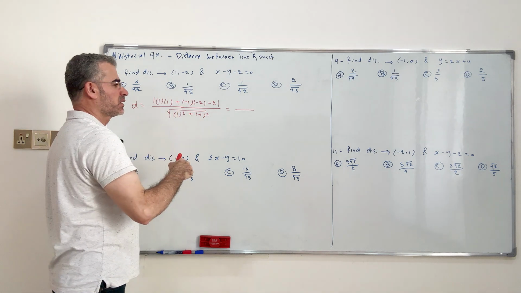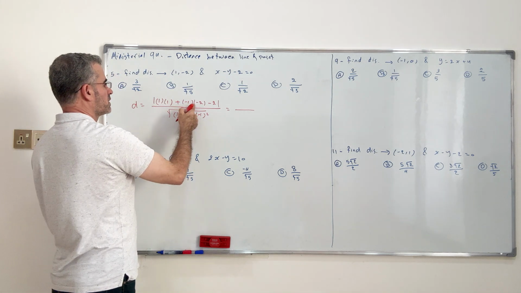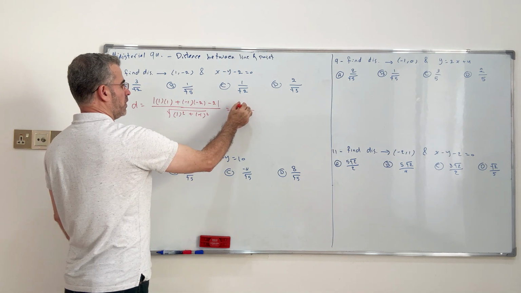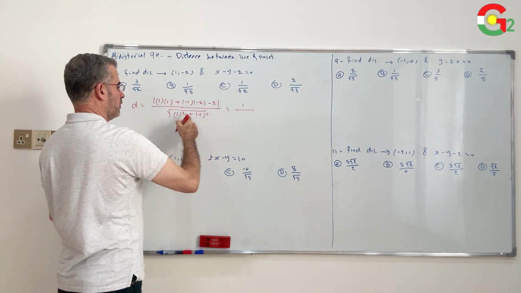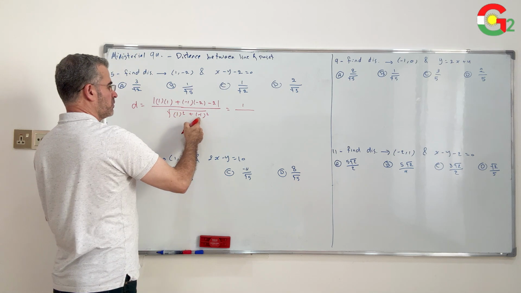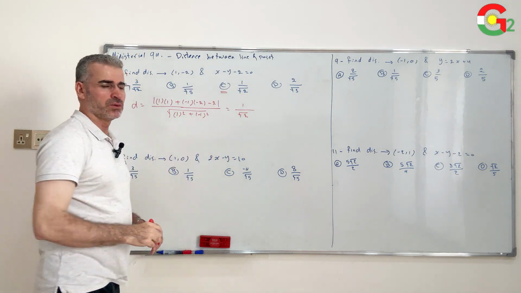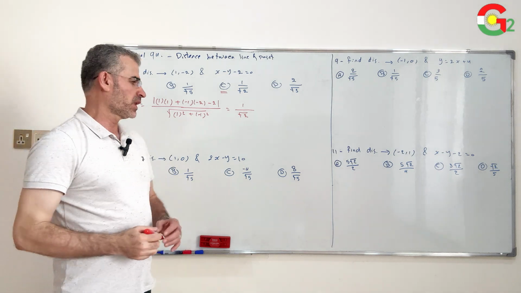Negative 1 times negative 2 is 2, 1 plus 2 is 3, 3 minus 2 is 1. Absolute value 1, over the square root of 1 plus 1, 2 square root 2. 1 over the square root of 2, choice number C.